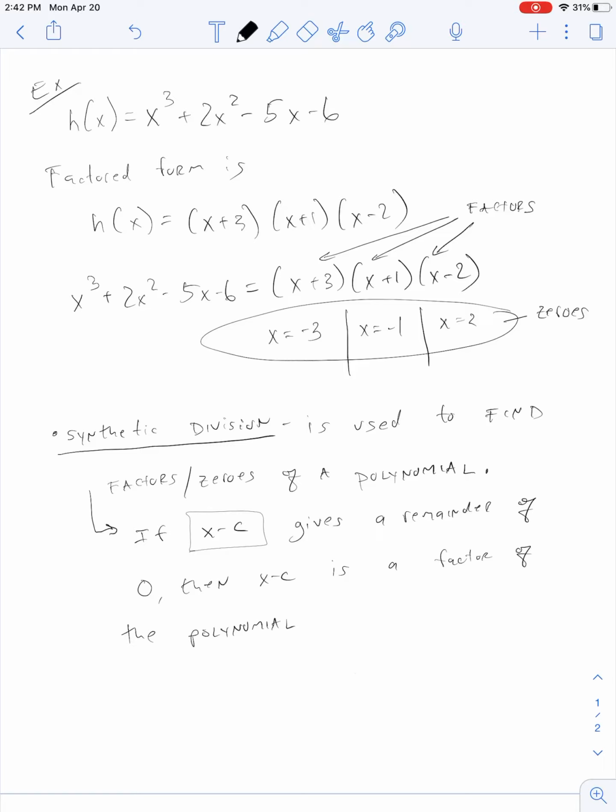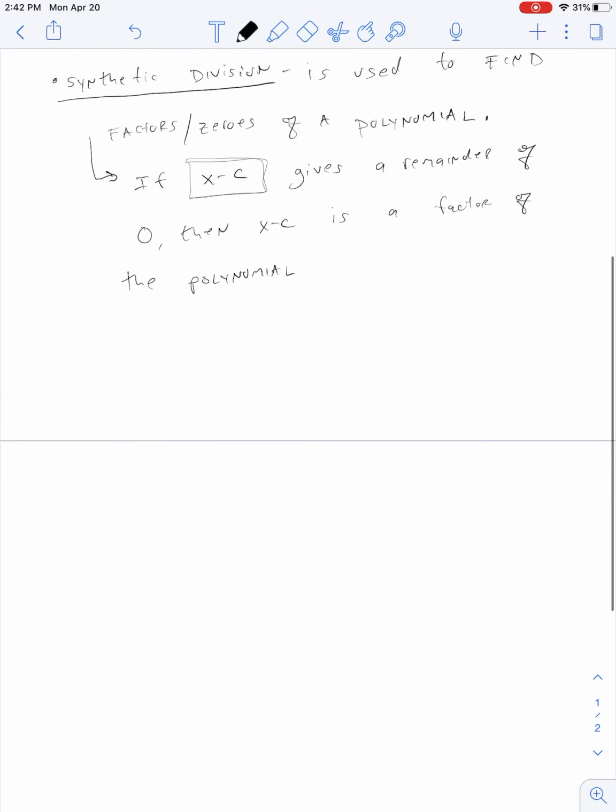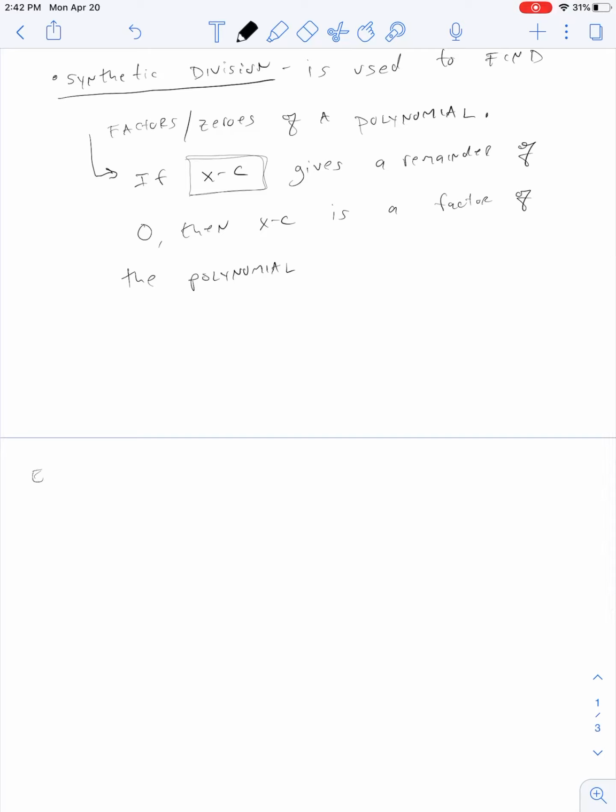Right? So one thing that we got to keep in mind is this x minus c. It's a really nice way to divide. Let's take a look at an example.